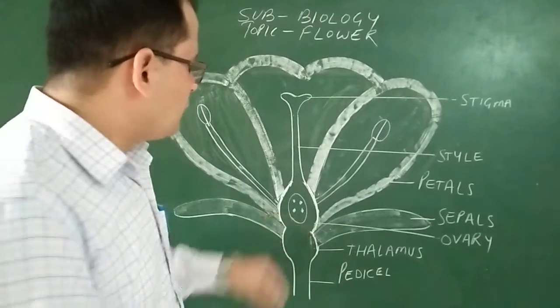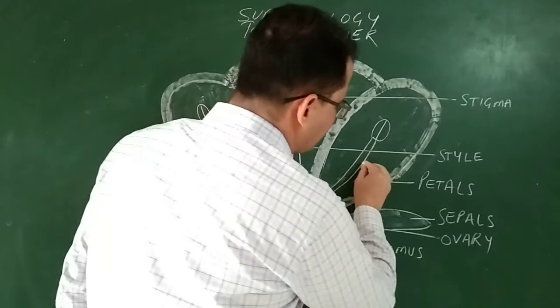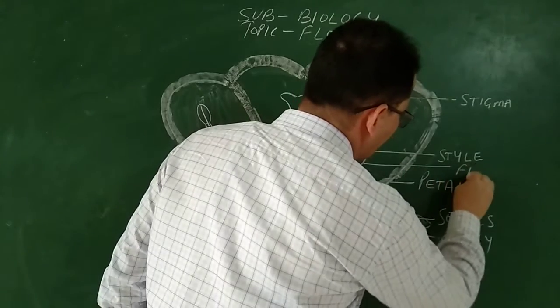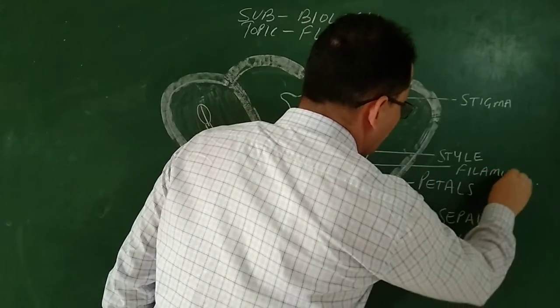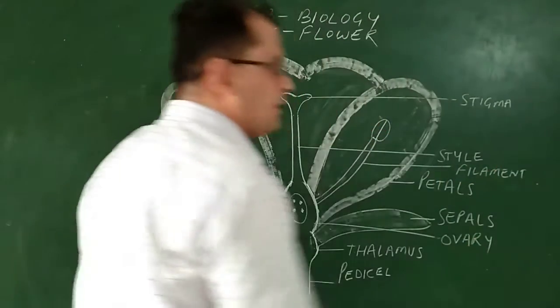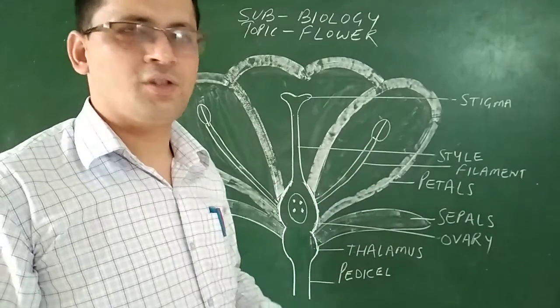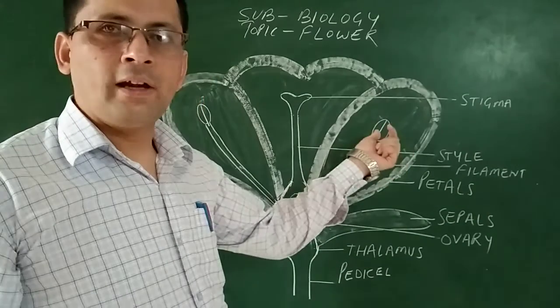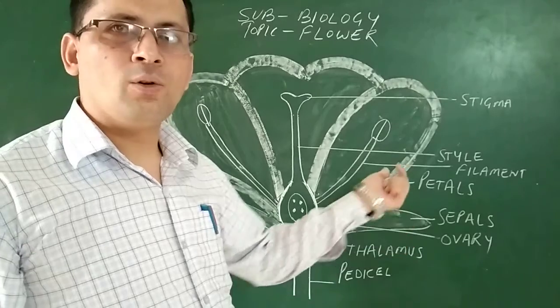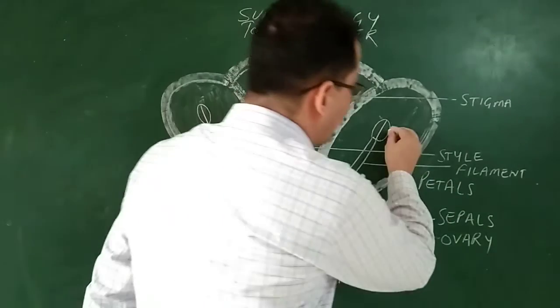Okay, now you can see here this filament. Okay, and on the top of the filament there is a bilobed structure, meaning two areas are present. It is known as anther.